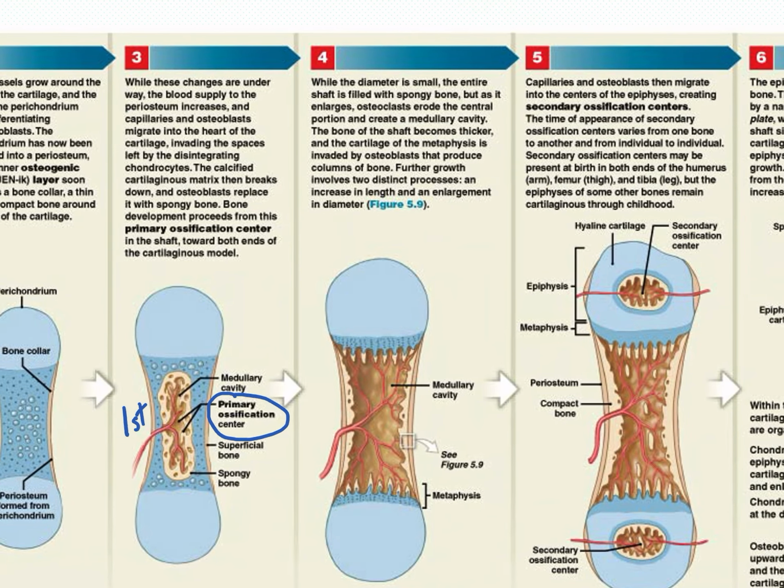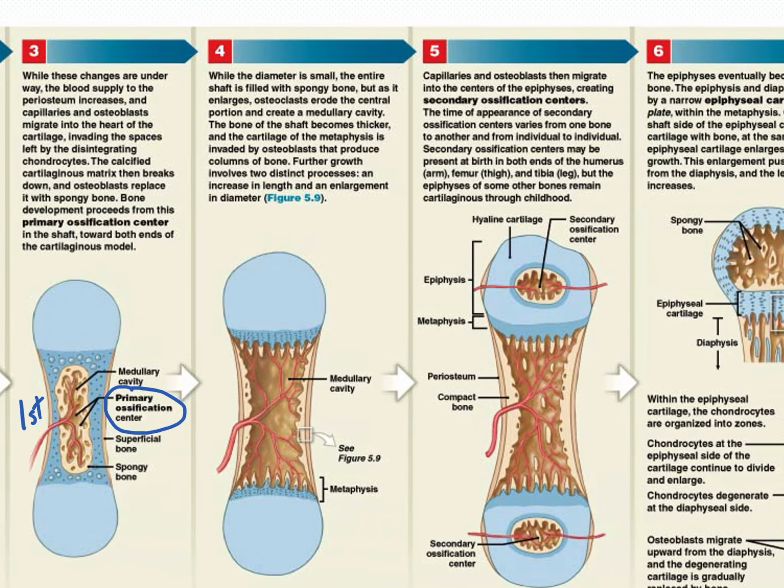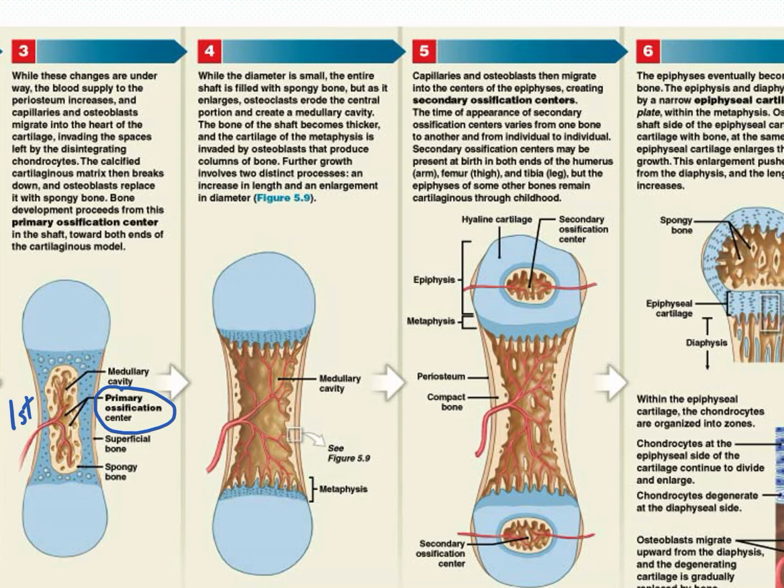As we move on, there are secondary blood vessels that migrate into the epiphyses. So the epiphyses is a site of your secondary ossification center. And we can find that bone is forming at the ends.